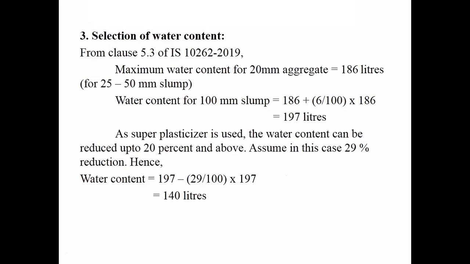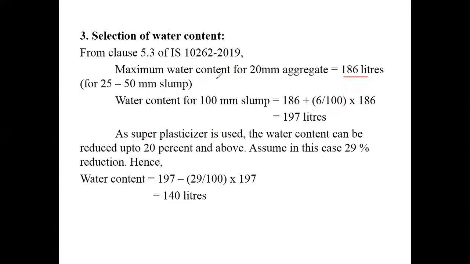Whenever the slump value is increasing, the water content increases. The concept is maximum water content. In the code book they have generalized the water content as 186 liters. For these 186 liters, they have given two conditions.